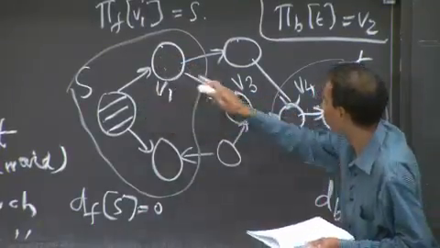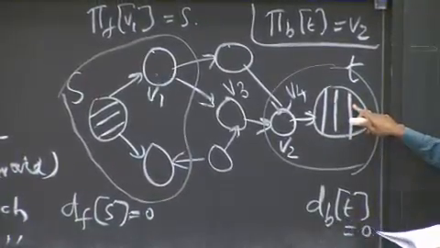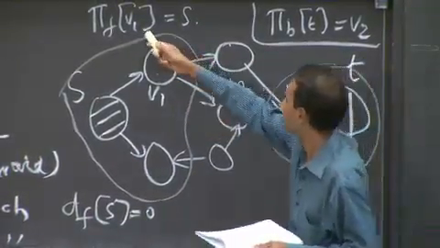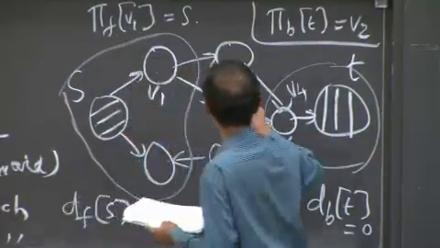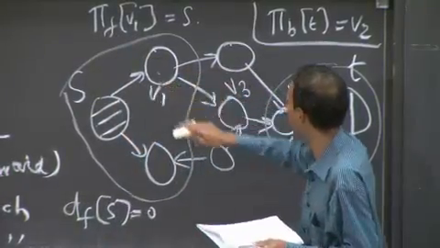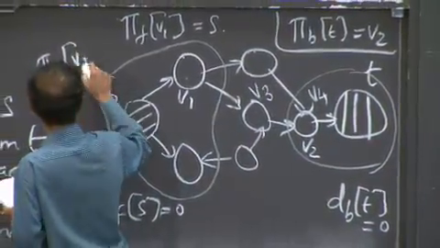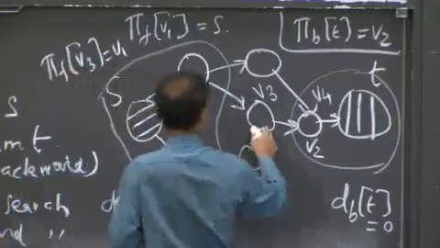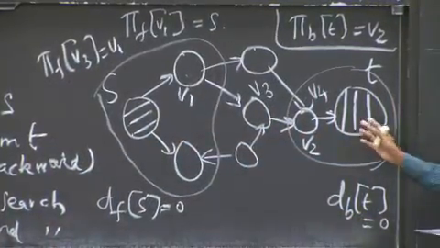We have S to V1, V1 to V3, V3 to V4, all the way to T, right? So what I have here is correct. The predecessor of V1 is S. The predecessor of V3 would be V1. So I could write pi F of V3 equals V1, etc. Now let's just forget about the forwards path and let's just talk about the backwards path.